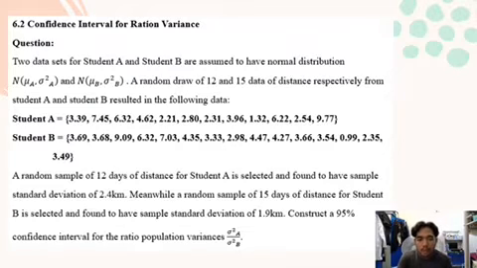Construct a 95% confidence interval for the ratio of population variances. As we can see, the ratio of population variances formula.